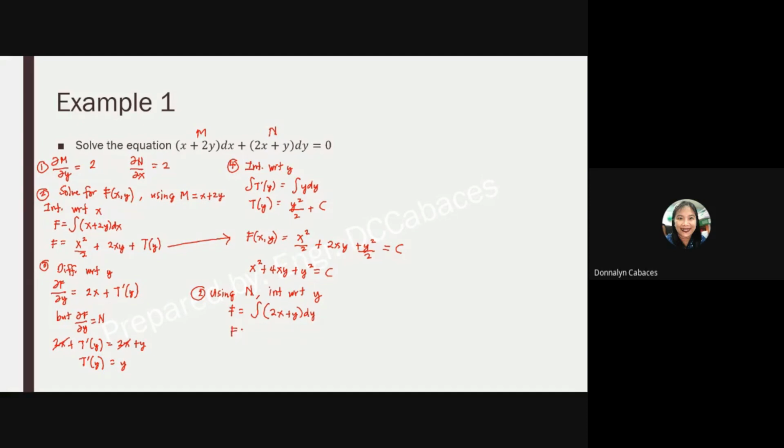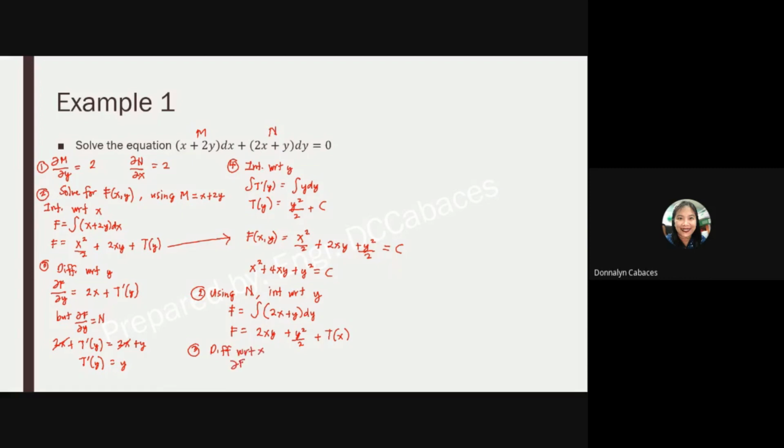So, f here is equal to, so x is held constant. So, you have 2xy plus y squared over 2 plus the constant of integration, since with respect to y, you have here t of x, which is the constant of integration. Then the next step, number 3, is we differentiate with respect to x.